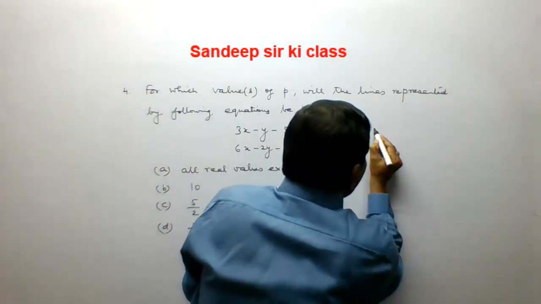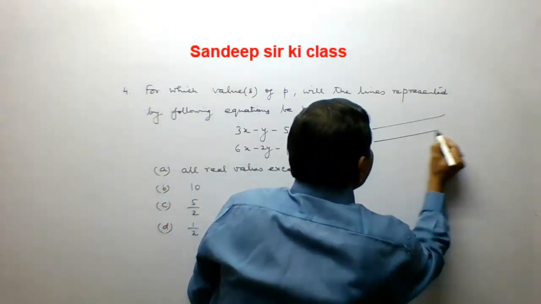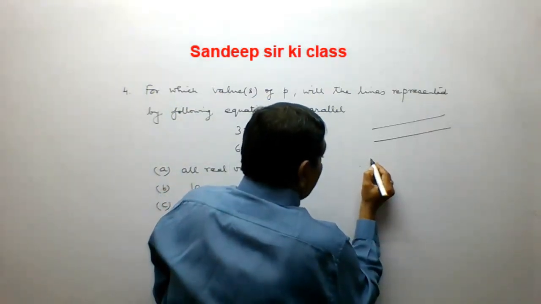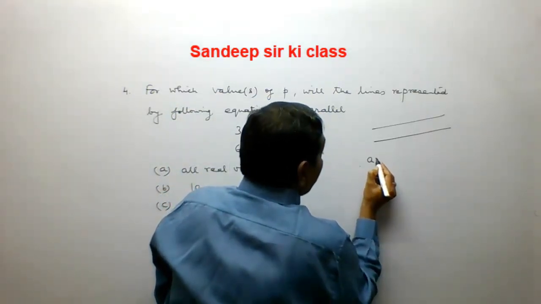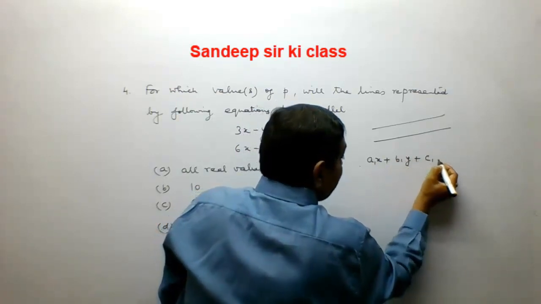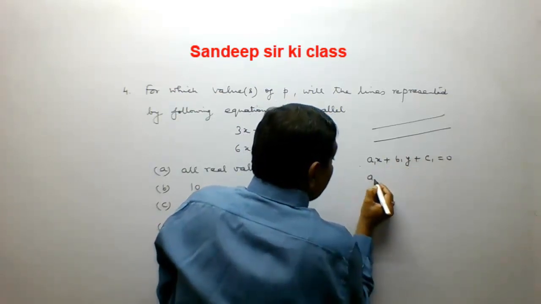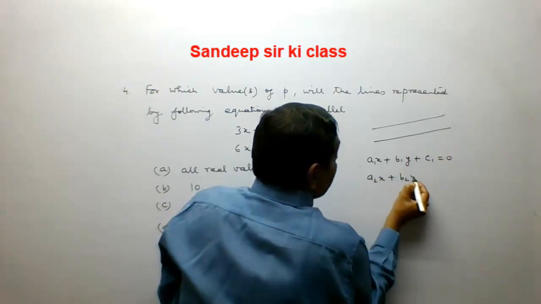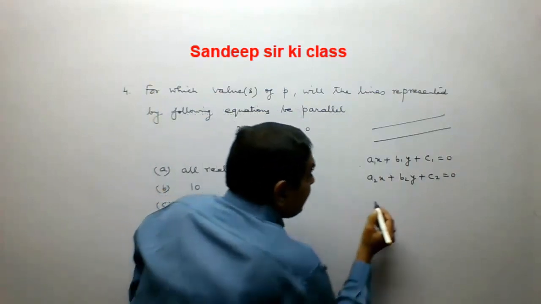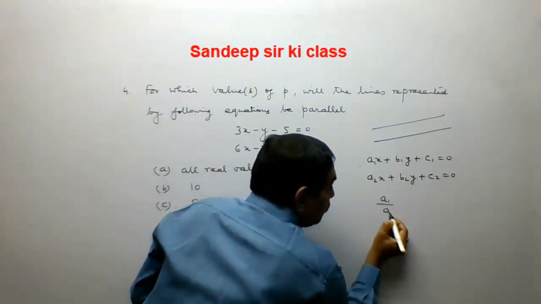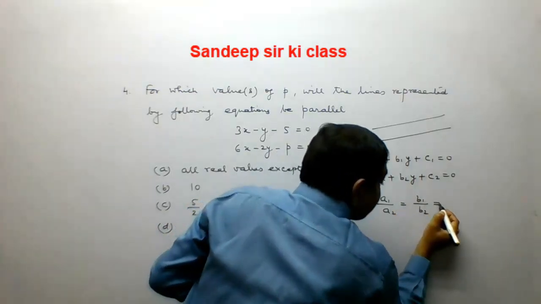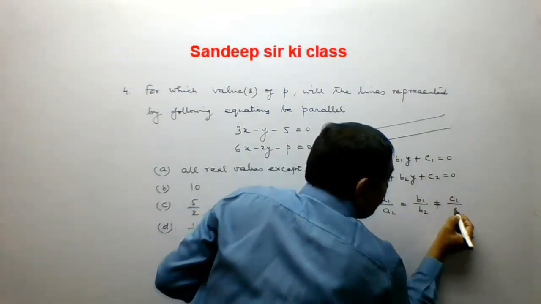Now, for parallel lines, we know if the equations of lines are a1x plus b1y plus c1 is equal to 0 and a2x plus b2y plus c2 is equal to 0, then a1 upon a2 is equal to b1 upon b2 is not equal to c1 upon c2.